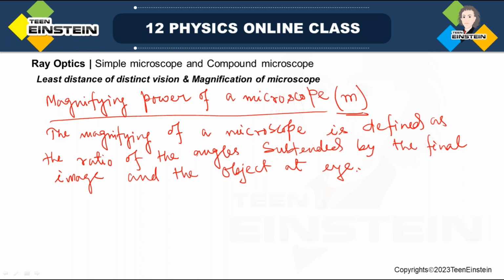So actually there are two things here. Now there are two conditions of image formation in the case of a microscope. The first case is when the object and image both are at the least distance of distinct vision, and in the second case the image is formed at infinity.